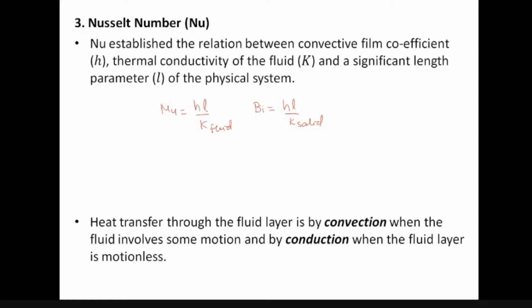The Biot number uses k of solids, and here it is the thermal conductivity of fluids. So the Nusselt number establishes a relationship between the coefficient of heat transfer and the thermal conductivity of the fluid. This is very important. In the Biot number you take the thermal conductivity of solids, whereas in the Nusselt number you take the thermal conductivity of fluids.